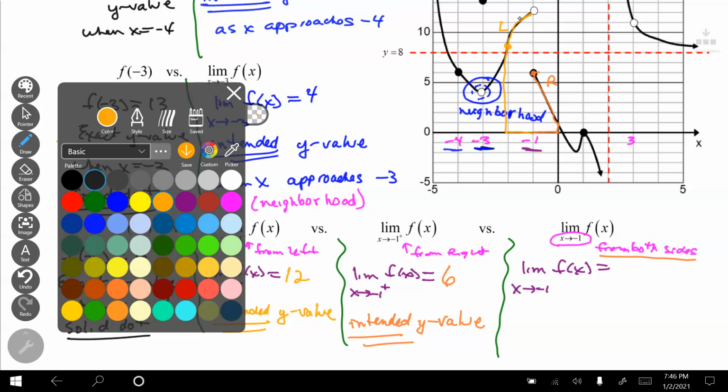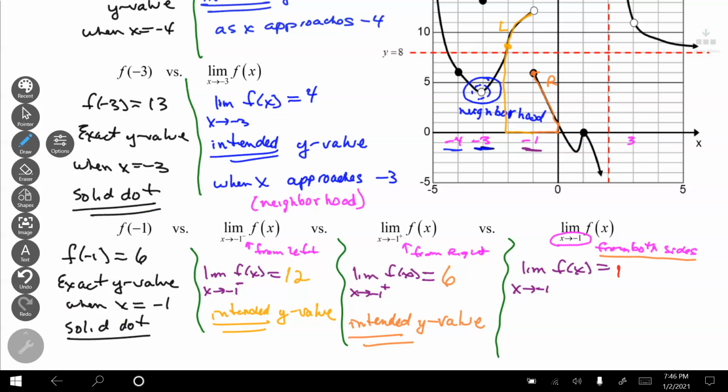When they don't meet, I put down DNE, which stands for does not exist. That's because the left limit does not equal the right limit. For something to be a limit, it has to approach from both sides.